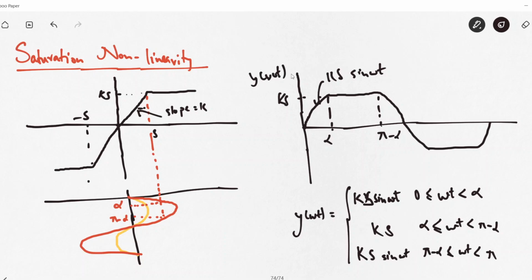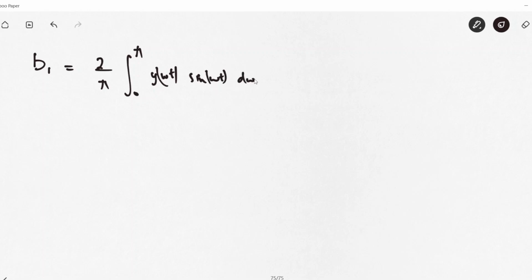Using Fourier analysis, we need to solve this. Again, looking at this equation, it is an odd function, and since it's an odd function, we'll be finding b1 for this, and b1 will be equal to 2 by pi integral 0 to pi y of omega t sine omega t d omega t.